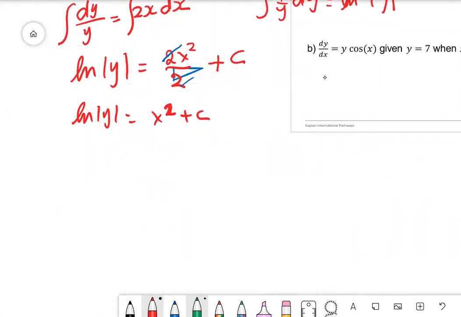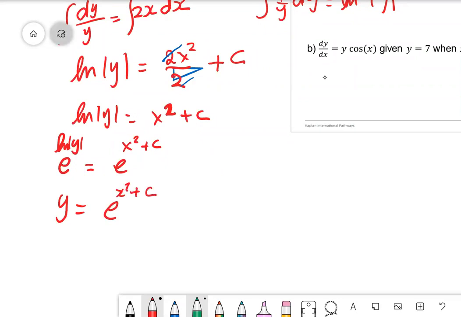So now I want the equation in terms of y. So this is going to be e to the power ln y equals e to the power x squared plus c. So take e on both sides, or you can follow the definition. So y equals e to the power x squared plus c.